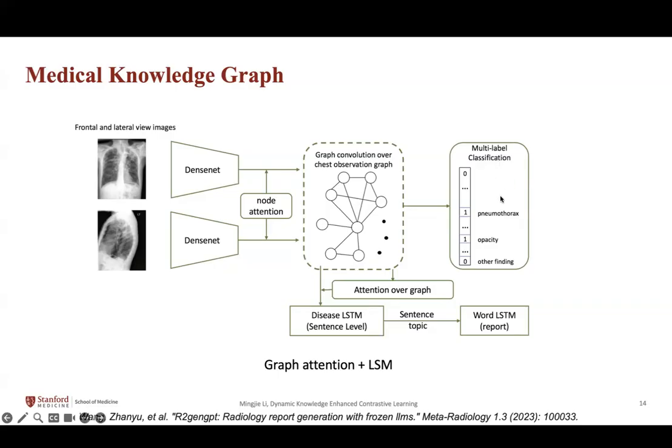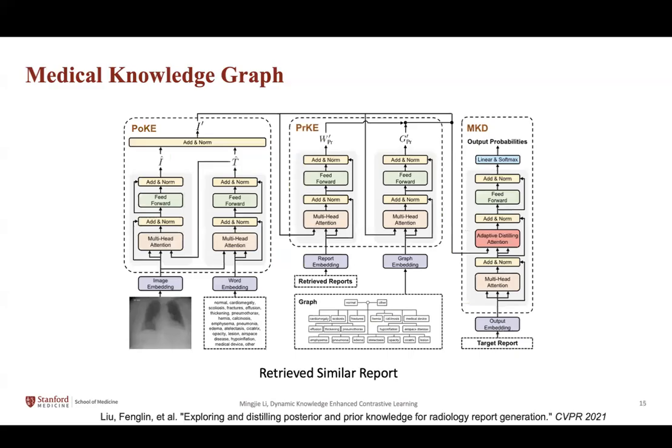You can also see that here is a multi-label classification to find the topic of the key nodes of the graph. Yeah, so that's their work. And this knowledge graph has been widely used in the following works, which have been published at CVPR, TMI, and AMIA.